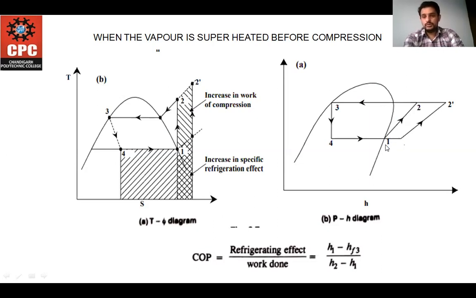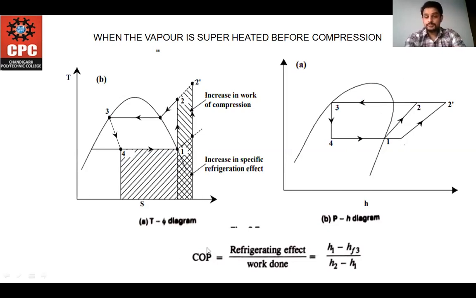Due to this, obviously the refrigerating effect has increased, and in the TS diagram you can see from point 1 the refrigerating effect has increased, and the work done by the compressor has decreased.